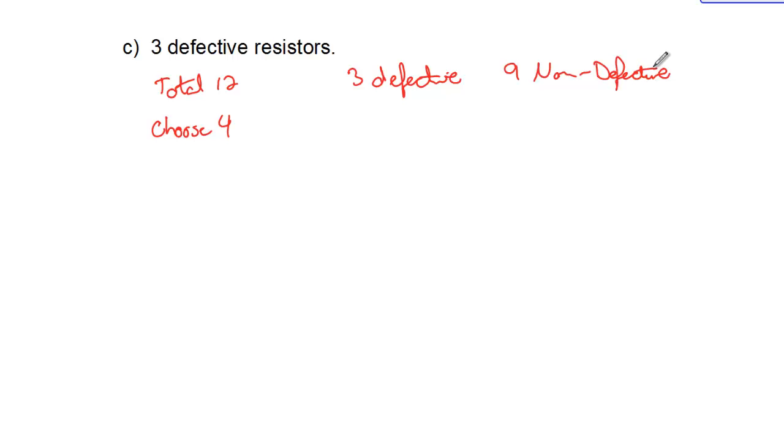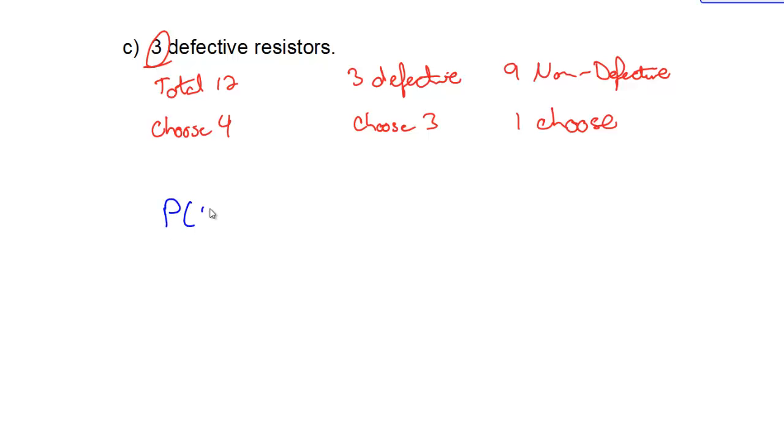This time we're going to choose 3 from the defective because we want 3 defective. 4 minus 3 gives me 1 that we're going to choose from the non-defective. Again, I have to make sure that my numbers add up to my totals over here.